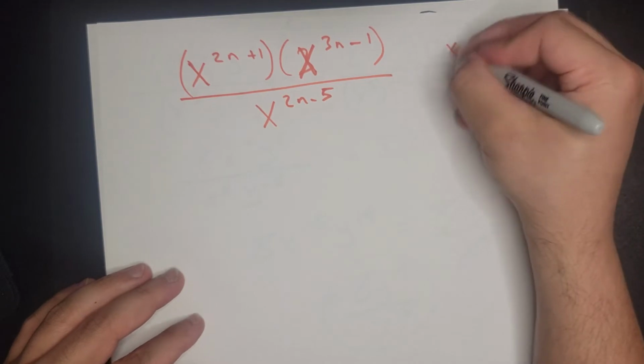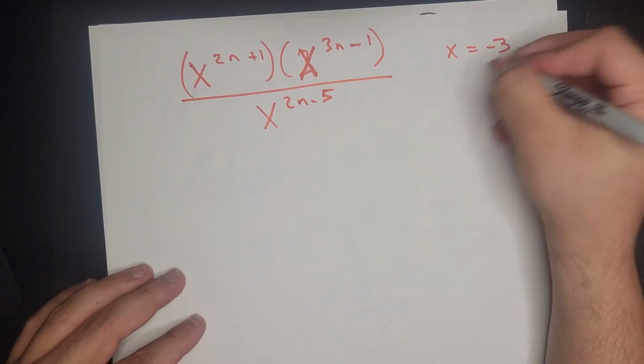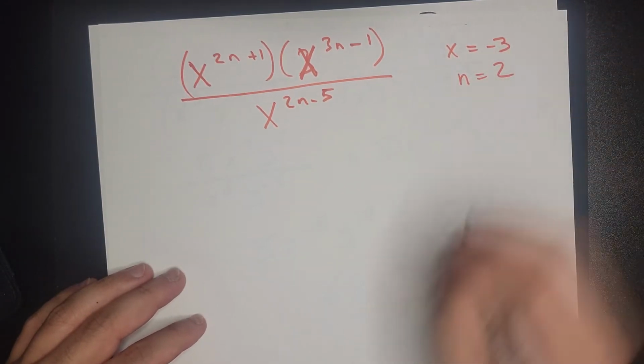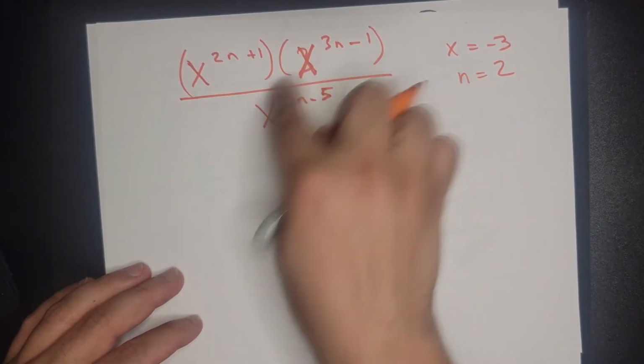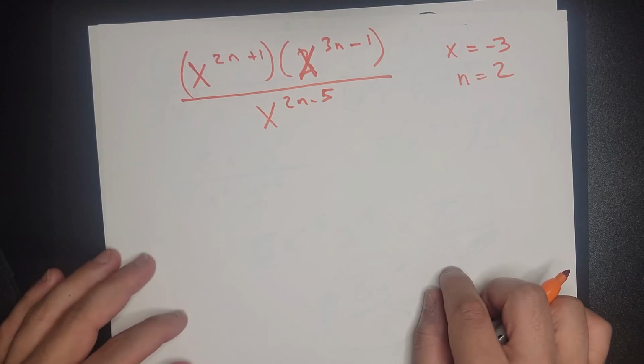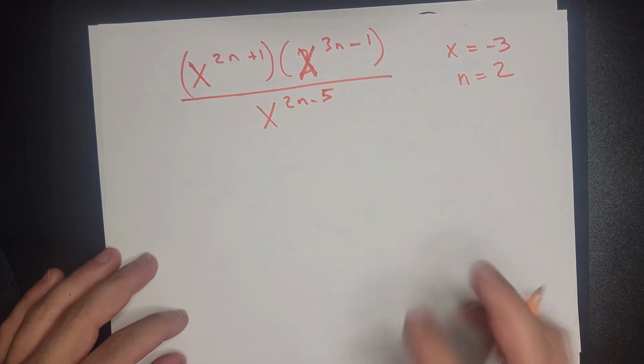And now I want you to substitute x equals negative 3 and n equals 2, and solve for this. What does this expression come up to? I don't know why I'm telling you this when I have to do it.